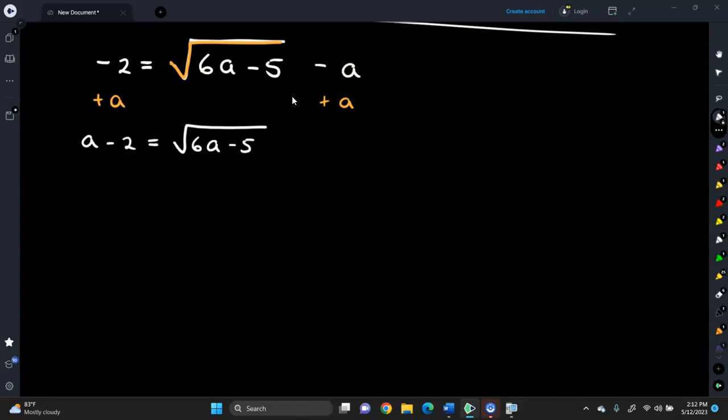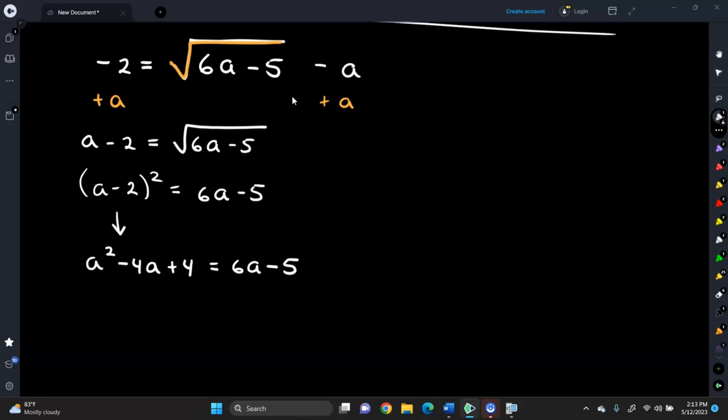Now we're ready to square both sides. So we get a minus 2 squared equals 6a minus 5. Just like before, I need to FOIL this out. This gives me a squared minus 4a plus 4 equals 6a minus 5.